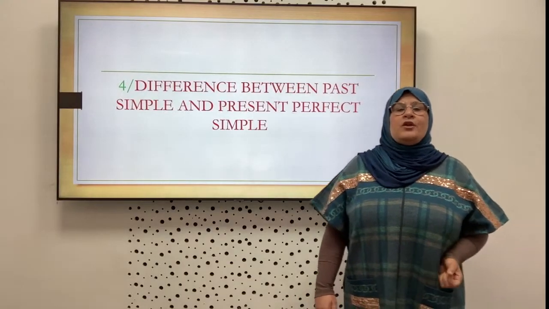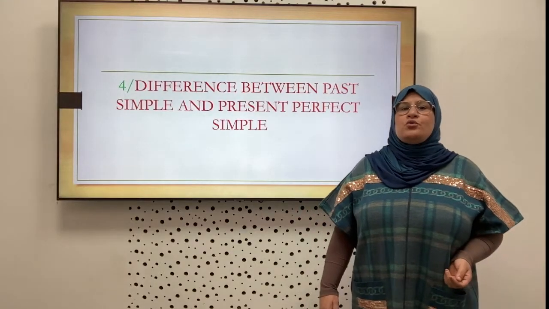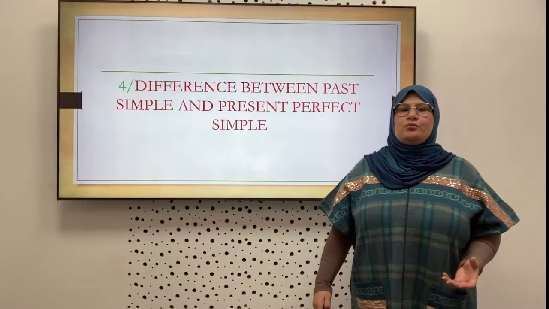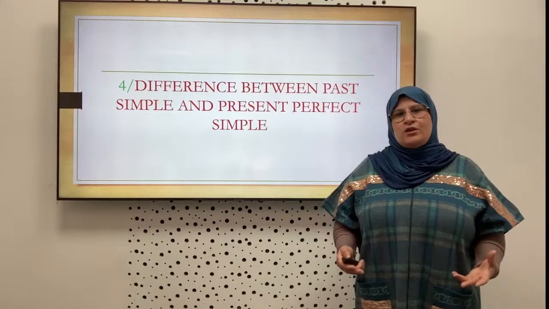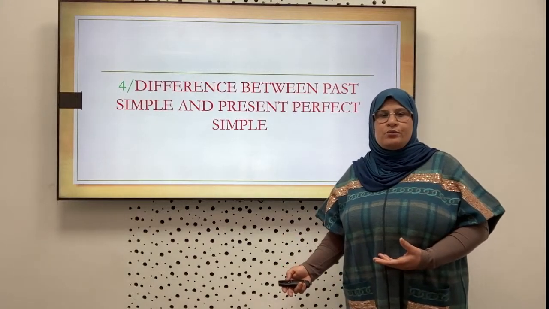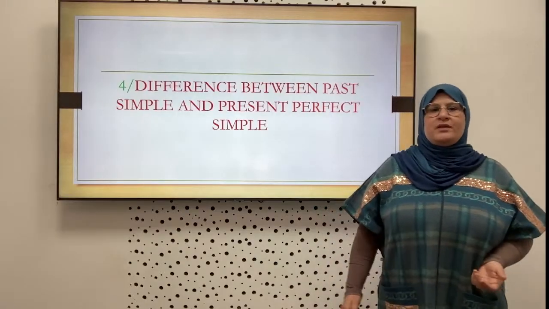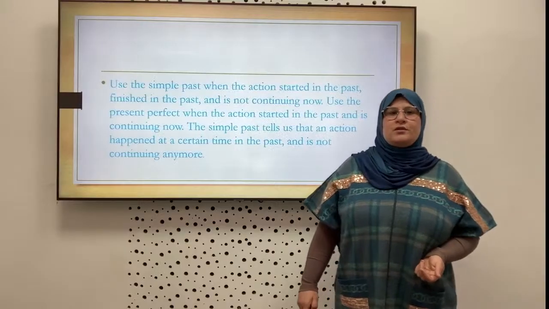Okay, number 4. We are going to show the difference between the past simple and the present perfect simple. Students are really confused, sometimes they don't know whether to use the present perfect simple or the simple past. There are many differences, but we focus on the most important.